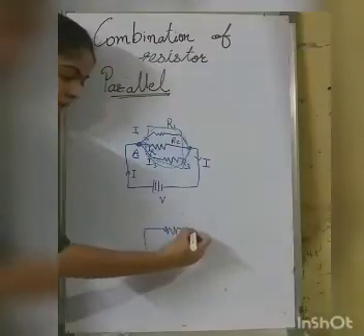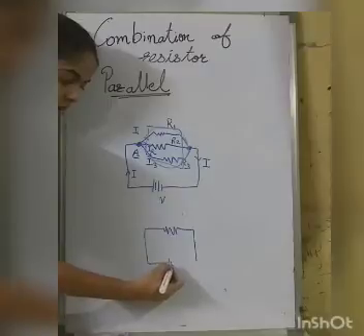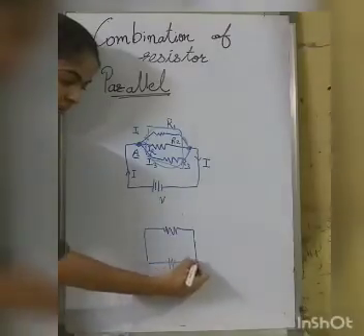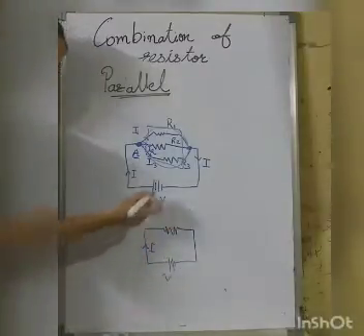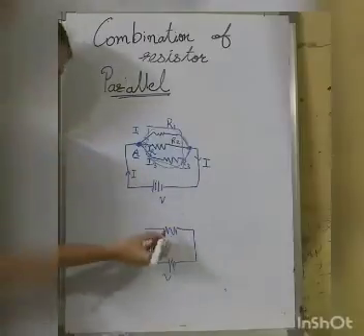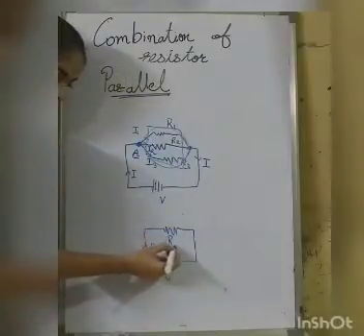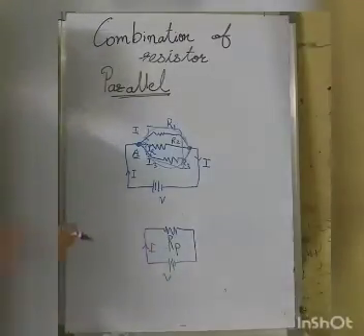You will get a circuit with a single resistance, and the battery will have the same value V, and the same amount of current should also flow through the circuit. So these three resistances will get replaced by a single resistance, and that resistance is nothing but your Rp. That is your equivalent resistance for this circuit.